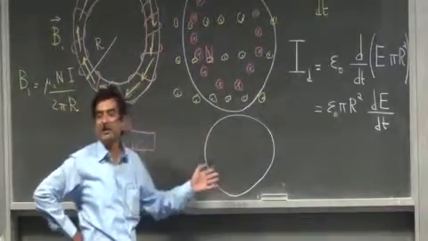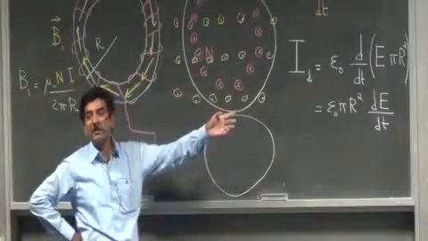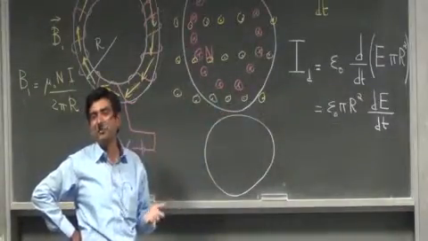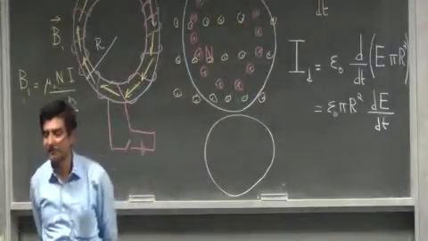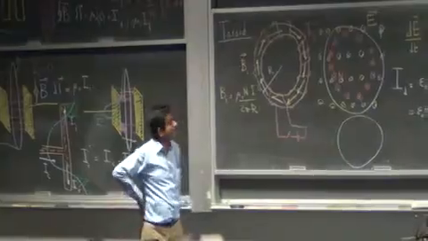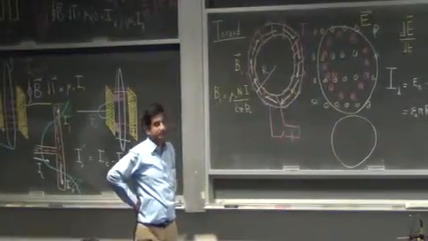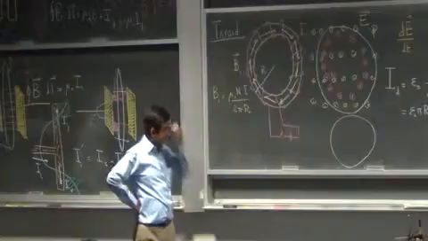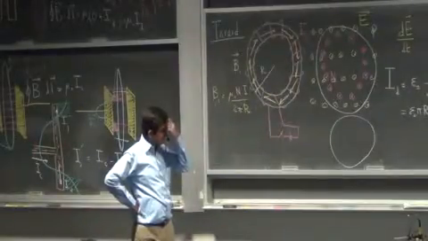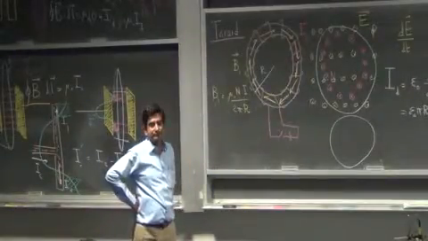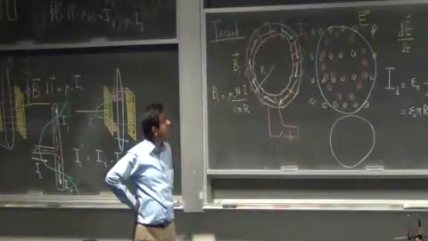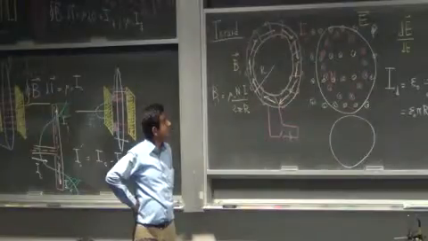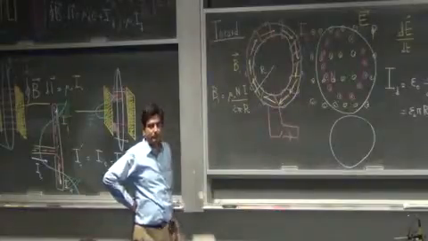We have to decide whether the displacement current is coming in or going out. What are your guesses? How can you find out what direction the displacement current is flowing in? In or out?